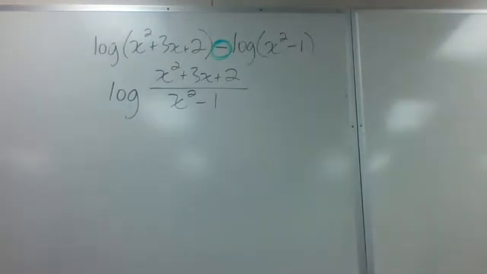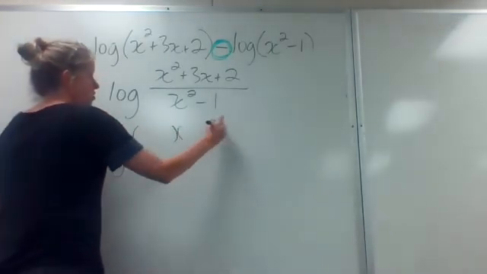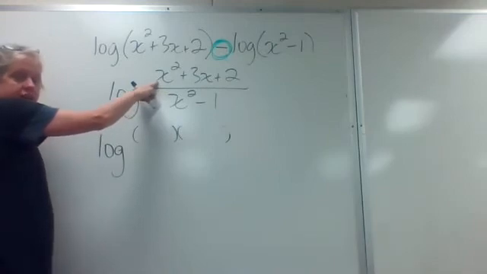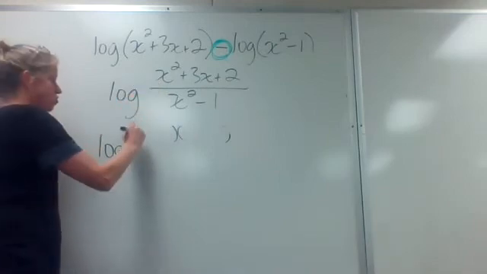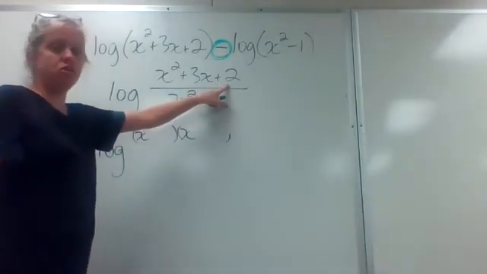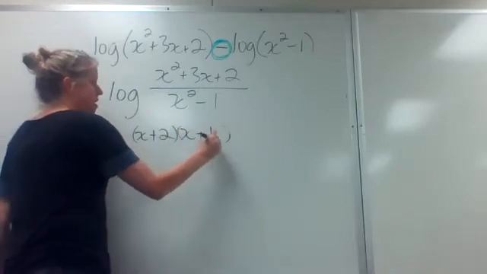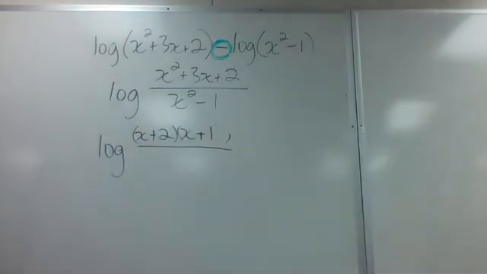So again, I'm going to factor. So in the numerator, x and x for x squared. Factors of 2 that'll add to 3 will be a positive 2 and a positive 1. This denominator also factors.